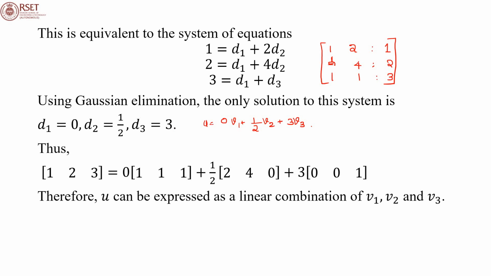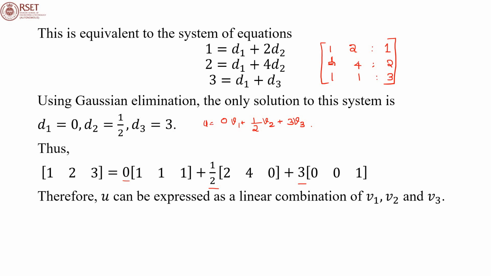Now, u equal to (1, 2, 3) is a particular linear combination of v1, v2 and v3 where the coefficient of v1 must be 0, the coefficient of v2 must be 1 by 2 and the coefficient of v3 must be 3. What if we consider all such linear combinations?